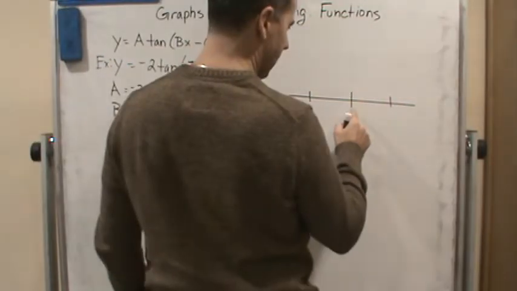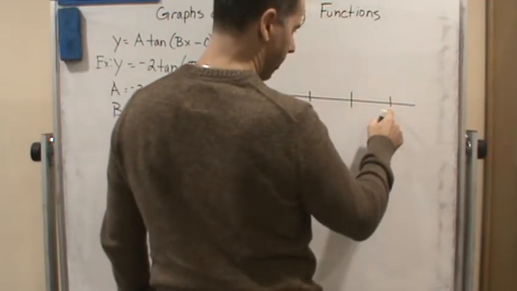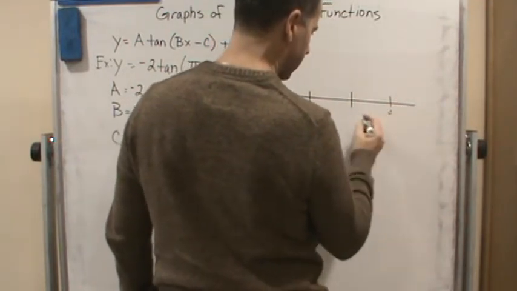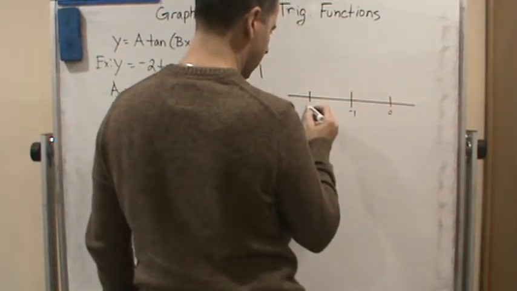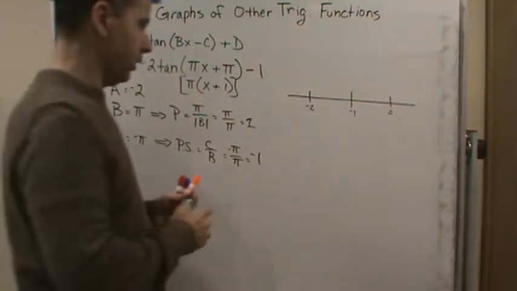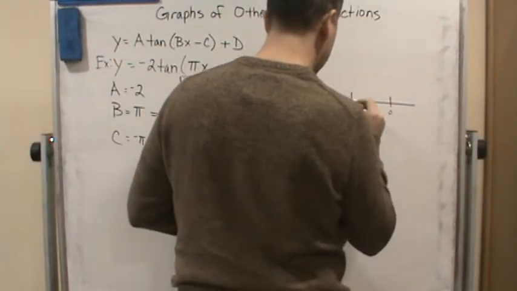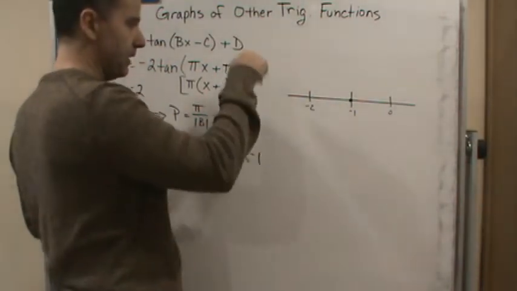So let's say this is 0, -1, -2. It's going to go through -1. Okay, that's good. Now what else do we know? It's being shifted down 1 unit.